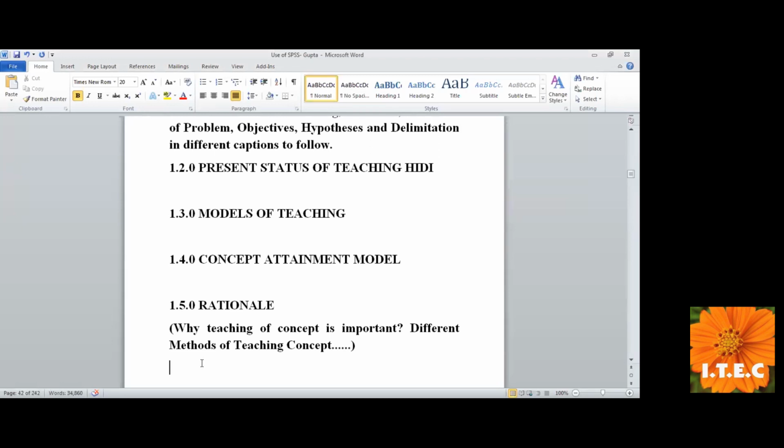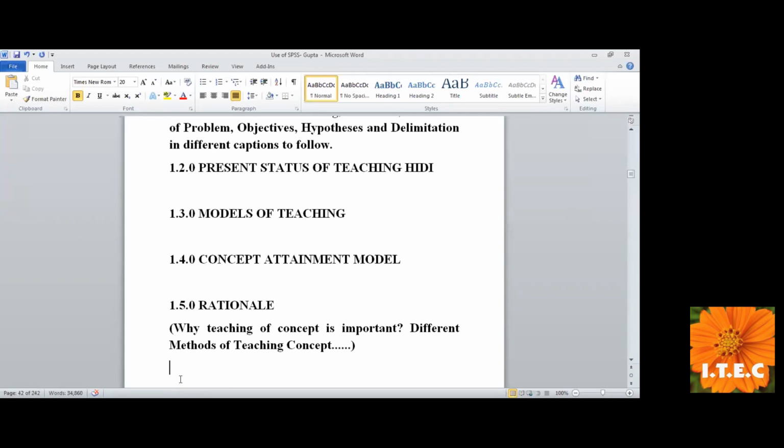So there might have been researches. So now you can, in the rationale, you can write here that, and what now I will write here is this I'm taking from review of related literature, which will be the next chapter.